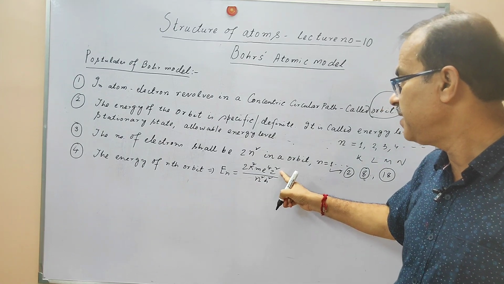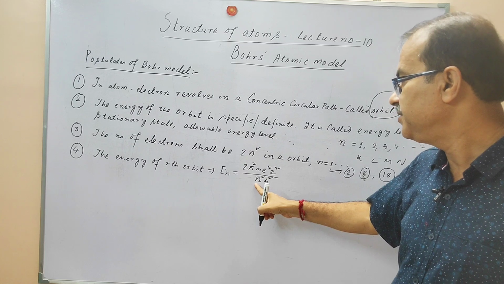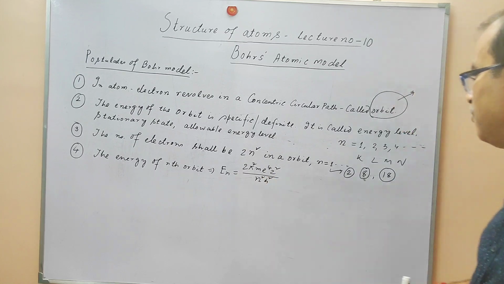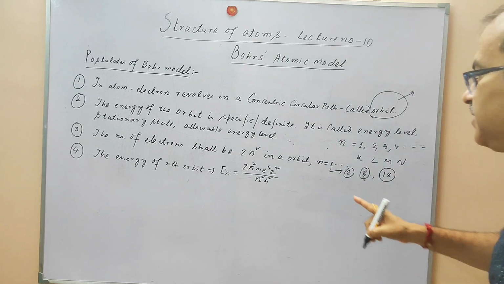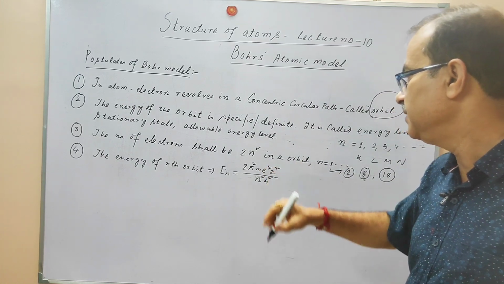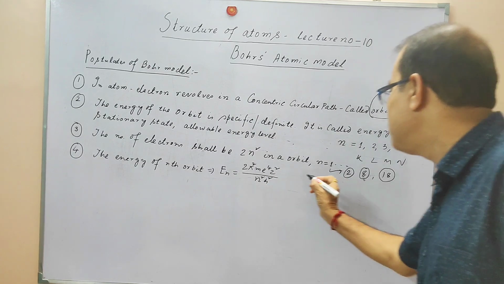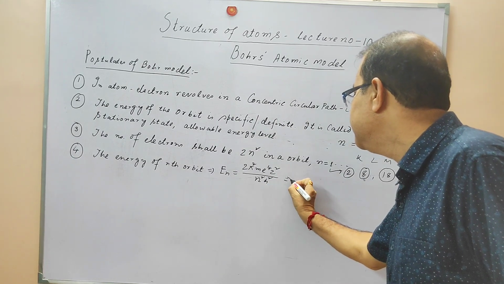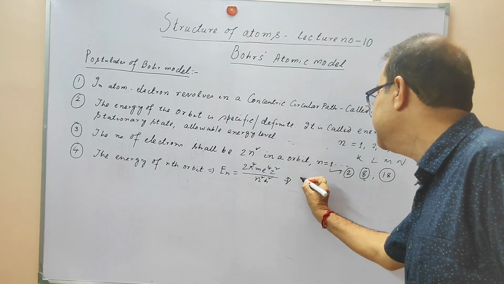Z is the atomic number, h is the Planck's constant, n is the orbit number. Here the mass of the electron, the charge of the electron and Planck's constant are all constants, so when we put these constants, the equation will be like this.